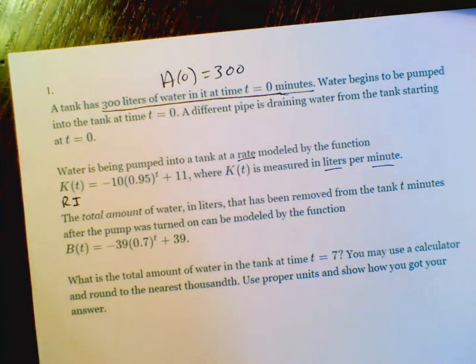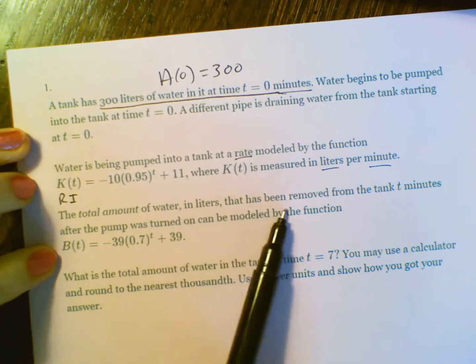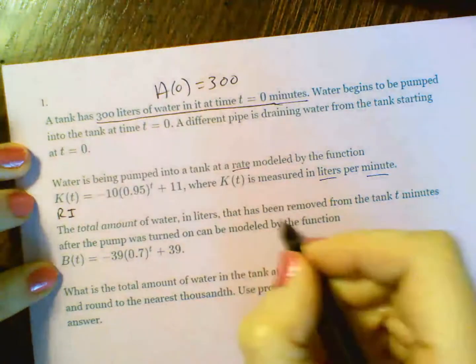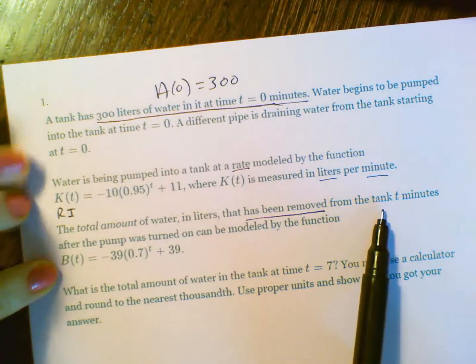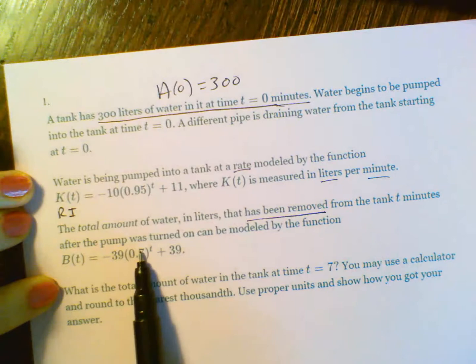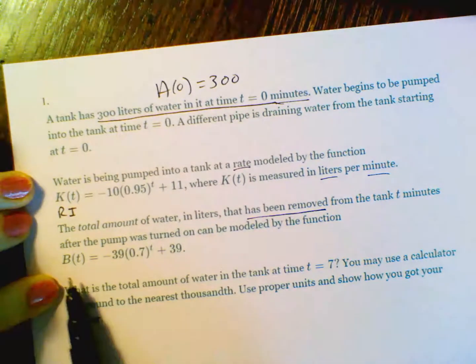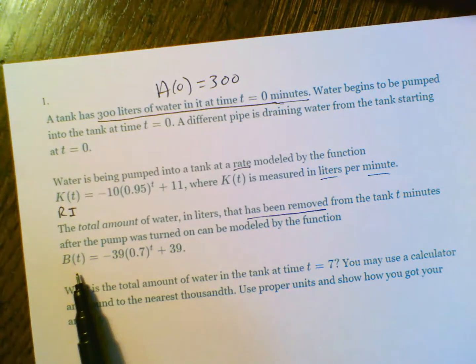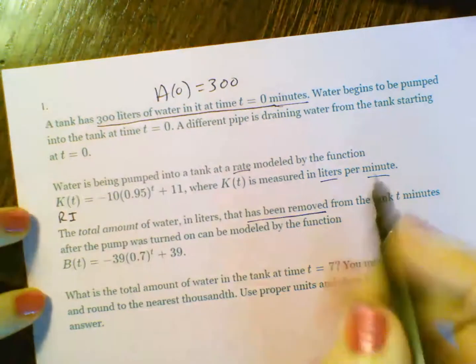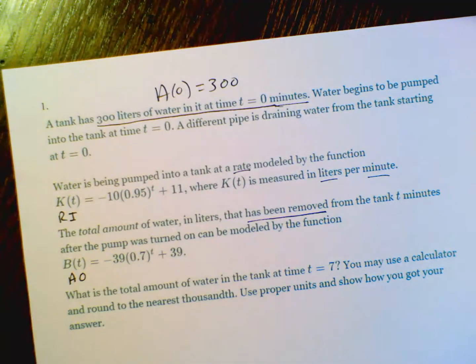So this is the rate at which water is going in. Now here, the total amount of water in liters that has been removed from the tank t minutes after the pump was turned on can be modeled by this function b of t. Now, guys, b of t is not a rate. This is the amount that has gone out.